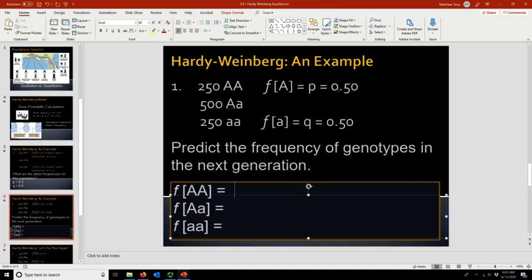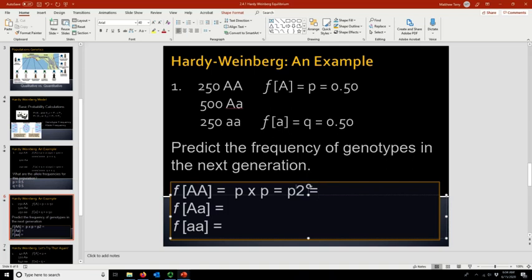Now, if we knew mom and dad, it would be easy. But remember, we're trying to make predictions over the entire generation. So I'm not talking about one specific individual. I'm talking in general, when a baby is born, what are the chances, if it comes from that population, that it has a big A, big A? And so we do the union of probabilities. And so I would do p times p, right? Or mathematically, p times p is represented as p squared.